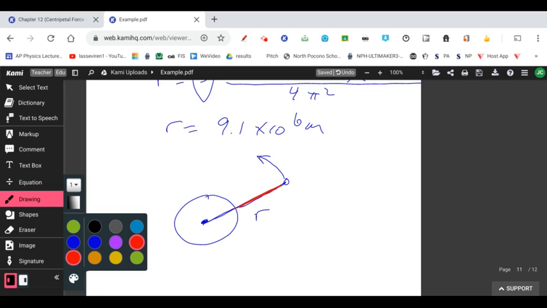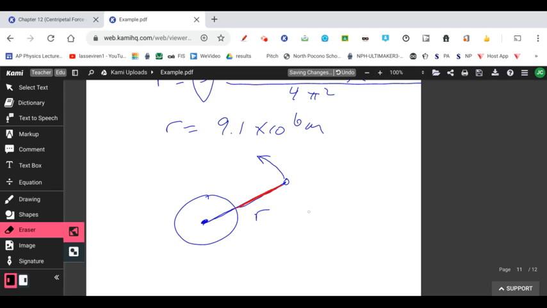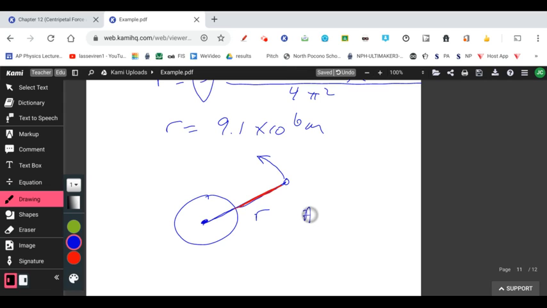So to get the altitude, you need to take the total radius of the satellite minus the radius of the Earth. So altitude is equal to radius total minus radius of Earth.